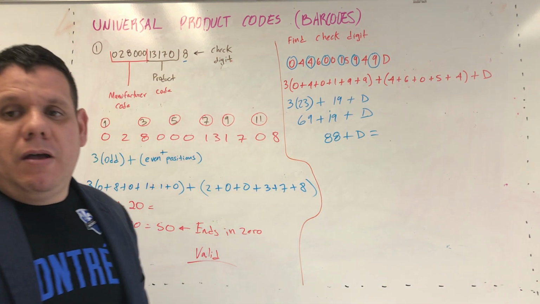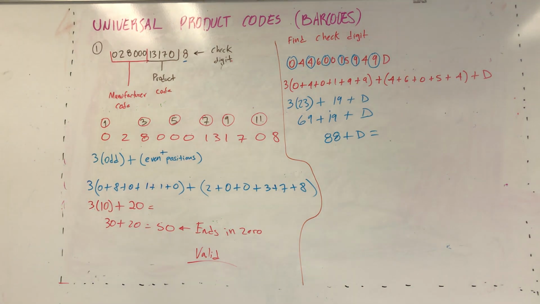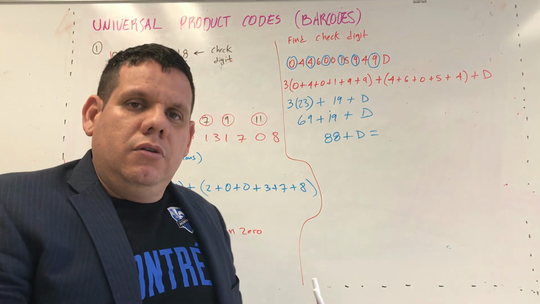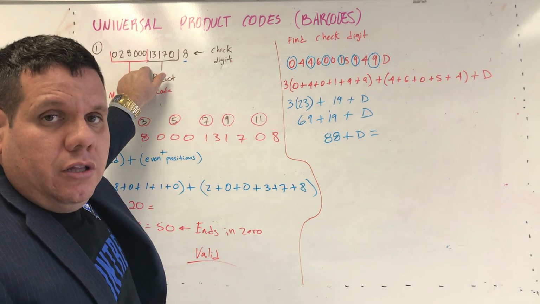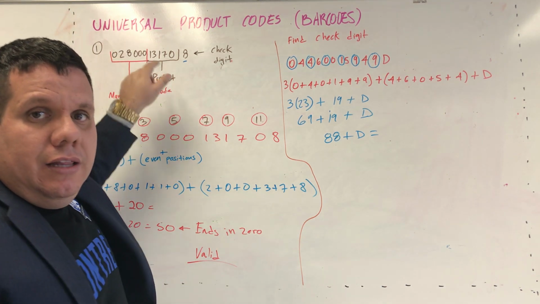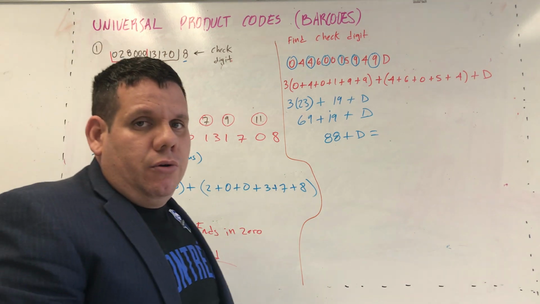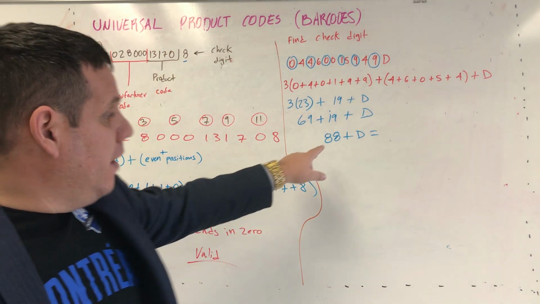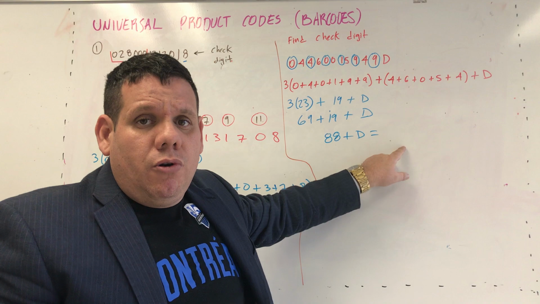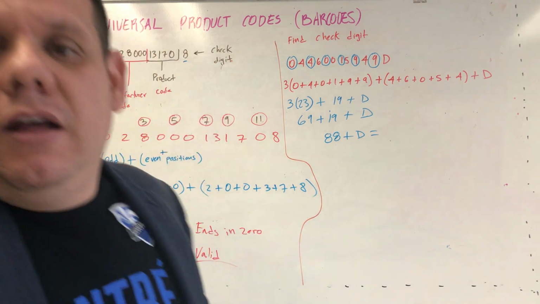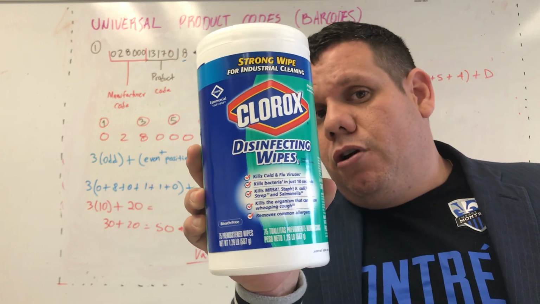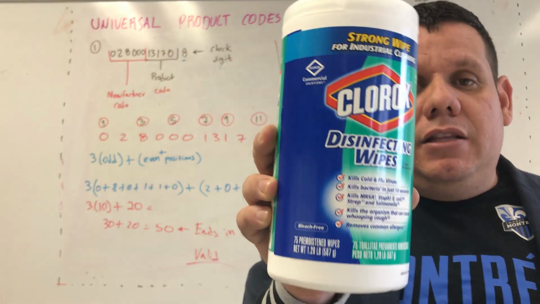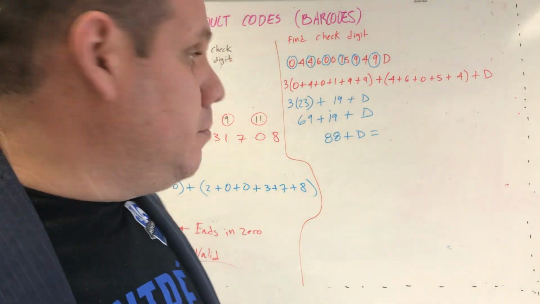All right, do you remember what is the number in which valid barcodes need to end? They need to end in 0. So if I have an addition here ending in 0, I have a valid number, and remember that I took the code from an actual product that you can buy in the supermarket, so that means that this is valid.